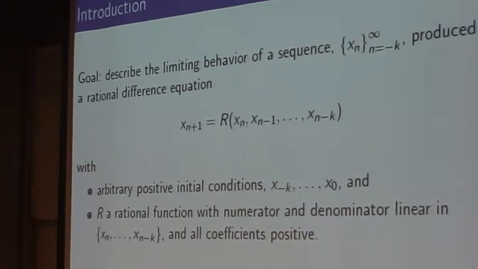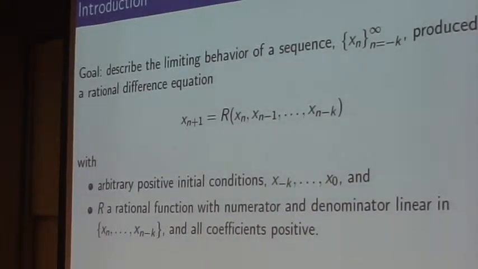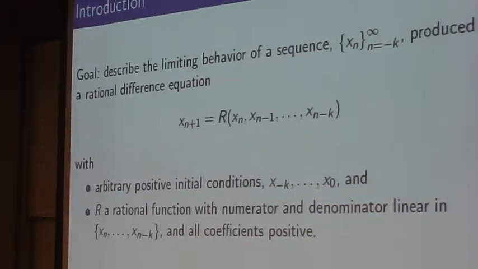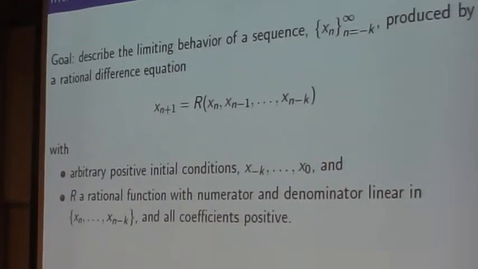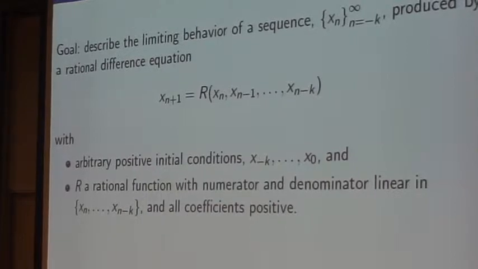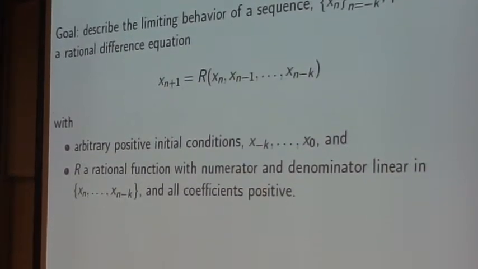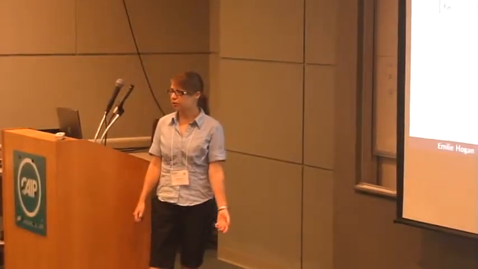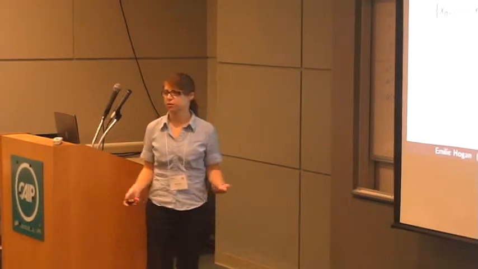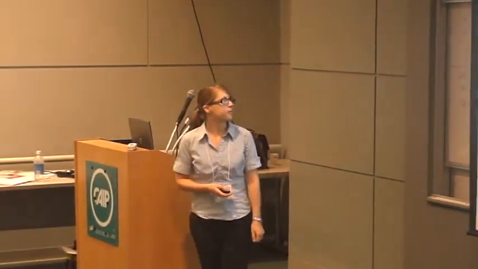And we're going to make sure that we don't divide by 0 ever. So the arbitrary initial conditions are going to have to be positive, and any coefficients that we have in this rational function are going to be positive. Now, most of the work that's currently done has numerator and denominator being linear functions, so it's not necessary, but that's just what the model is right now.